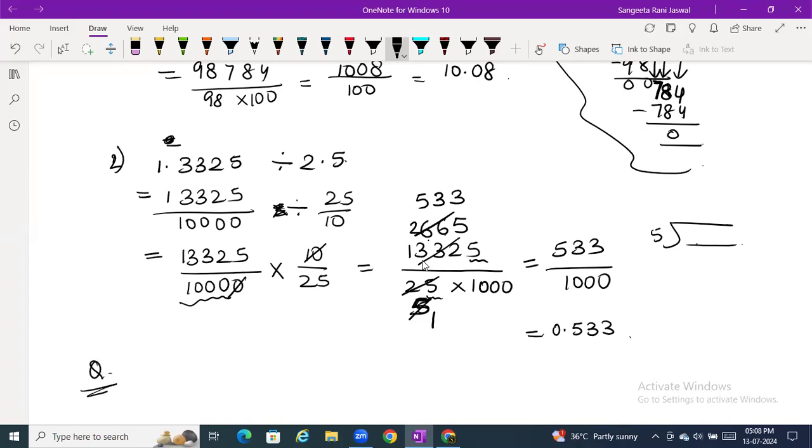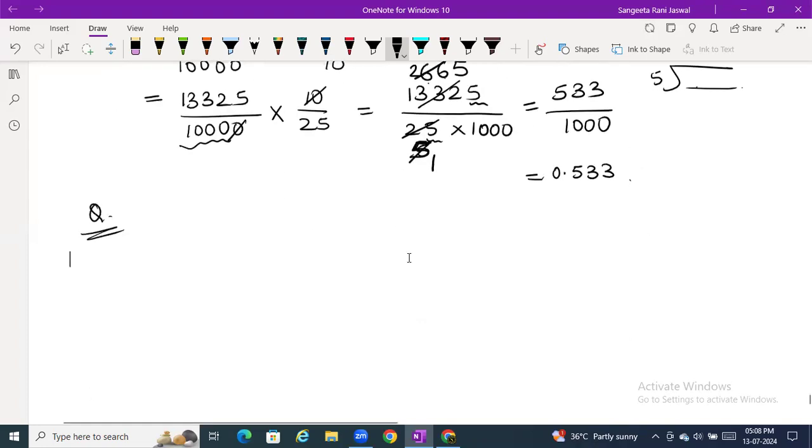Let's take a different sum. Okay, take this simplify.